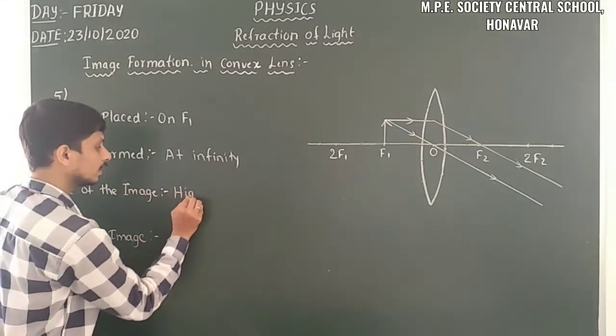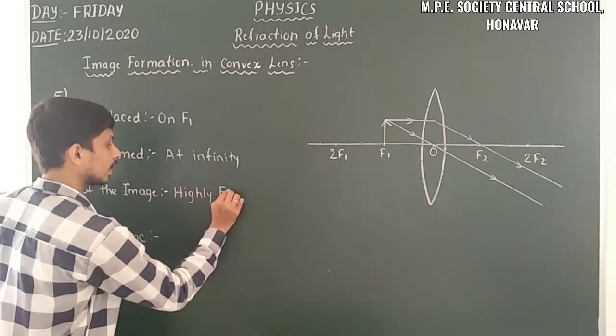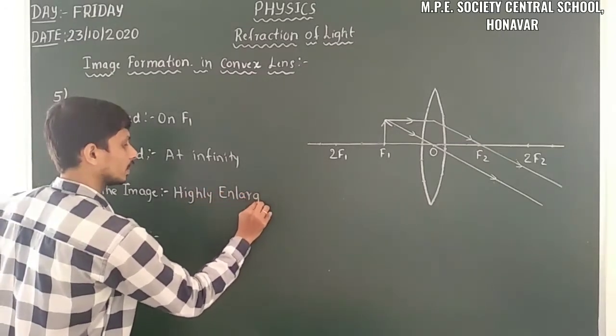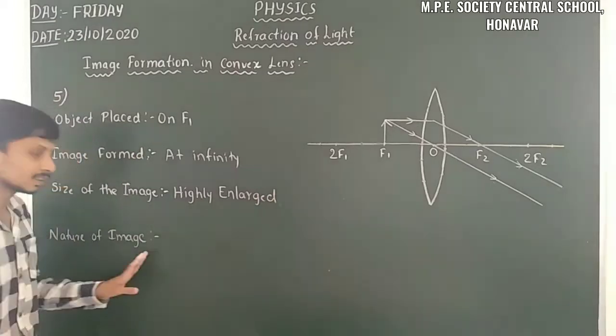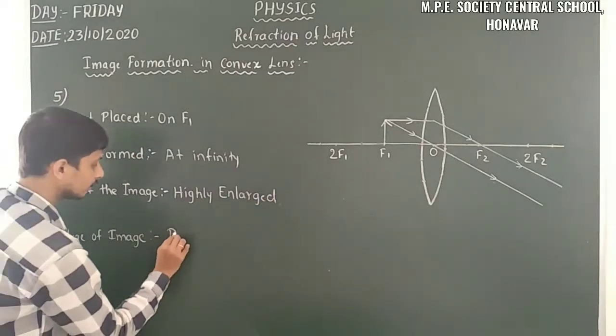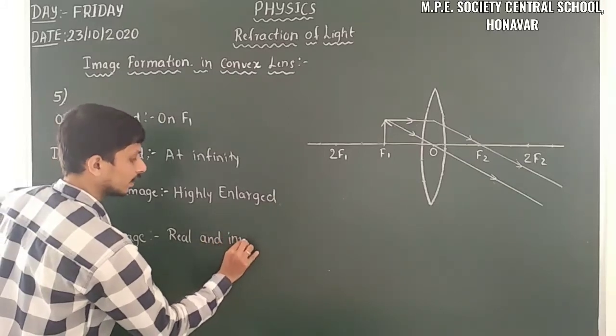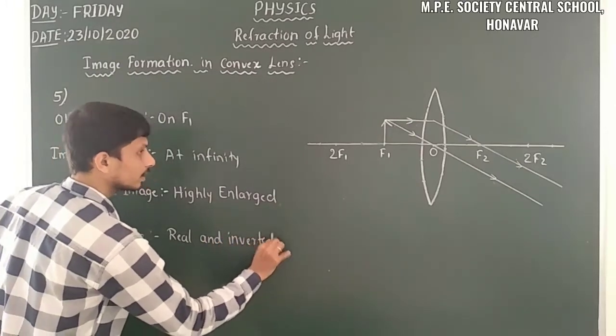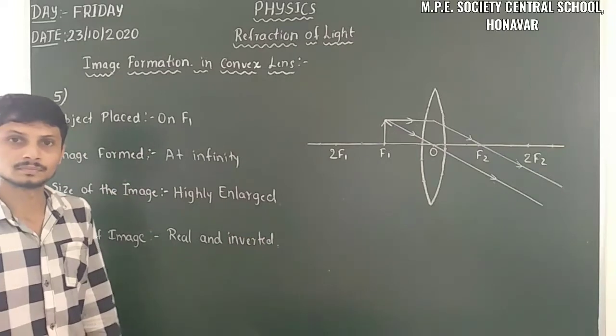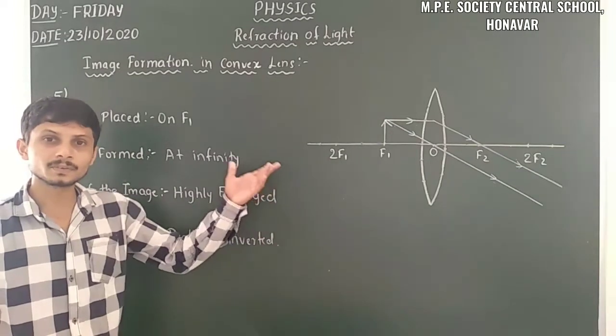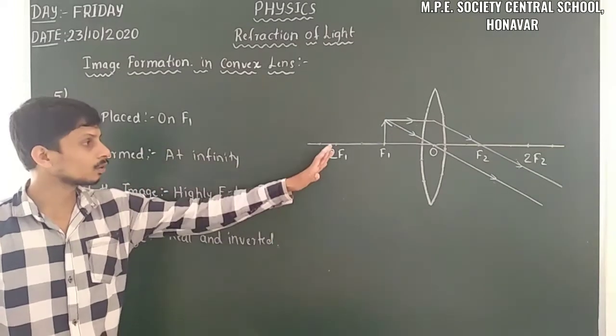Then what is the nature of the image? It is real and inverted. Real and inverted image formed here. So this is the case of the object placed on F1.